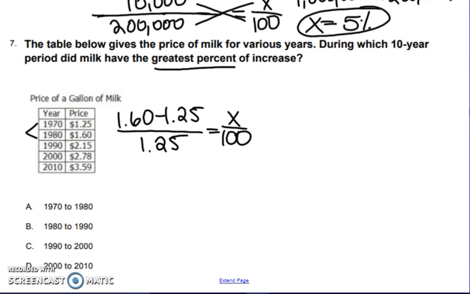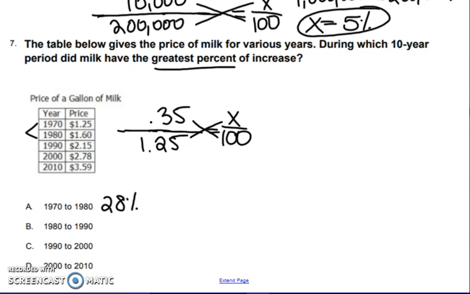I'm going to put that into my calculator. I subtract that, and I get 35 cents. I multiply, divide, and I get about 28%.